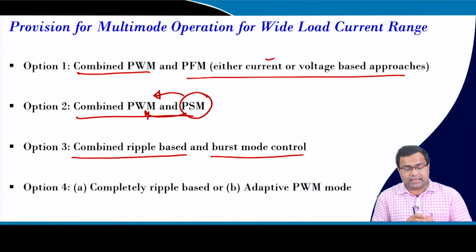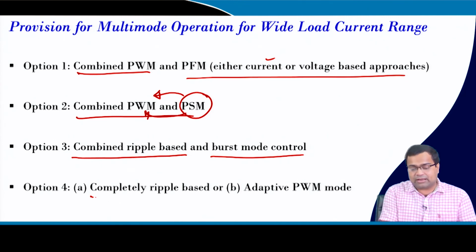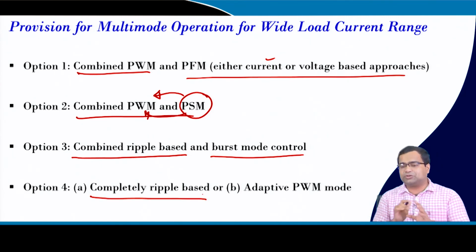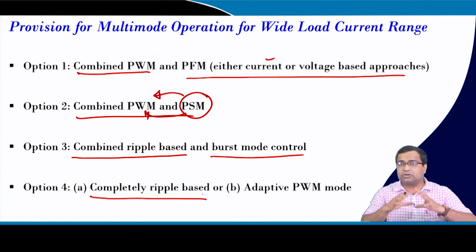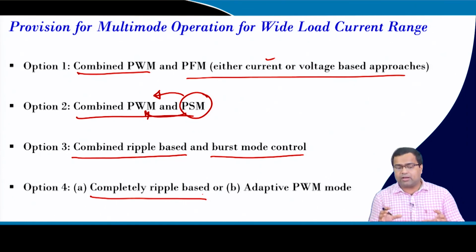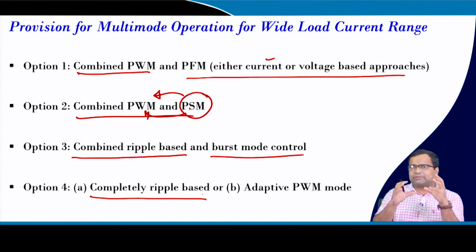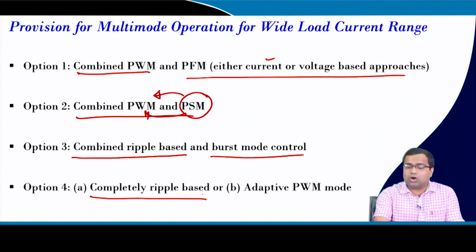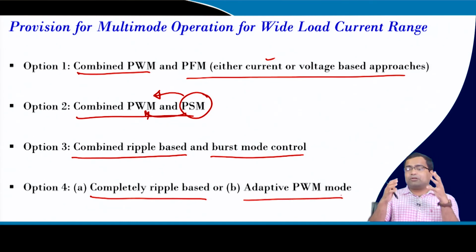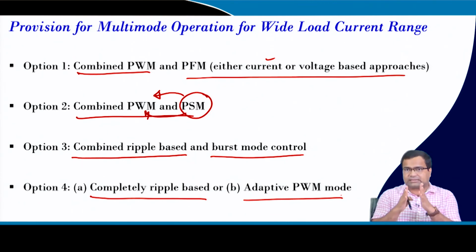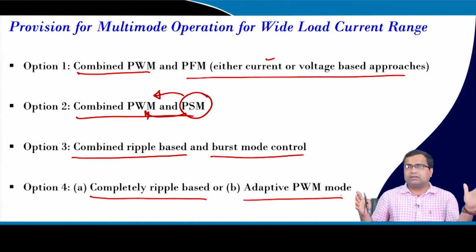And then option 4, either you can go for completely ripple based, that means you go for constant on time throughout, or you can change between constant on time and off time, but it is totally ripple based, or you can go for adaptive PWM mode, that means you can adjust the time period of the pulse width modulator so that it behaves like a constant on time control.